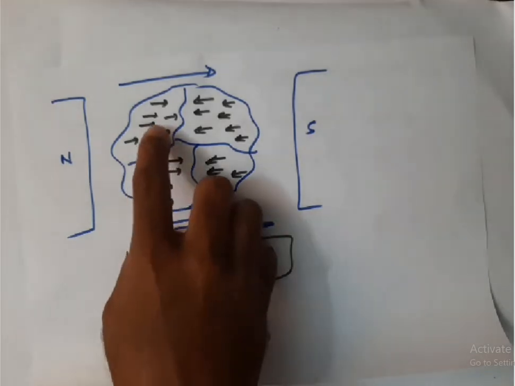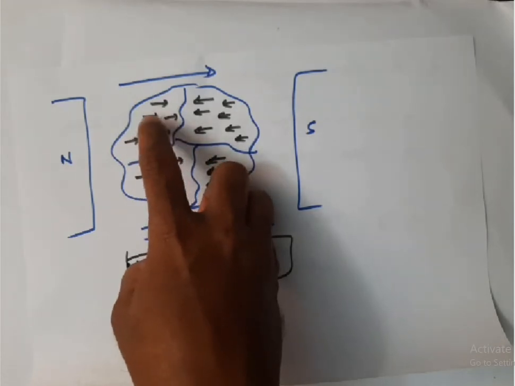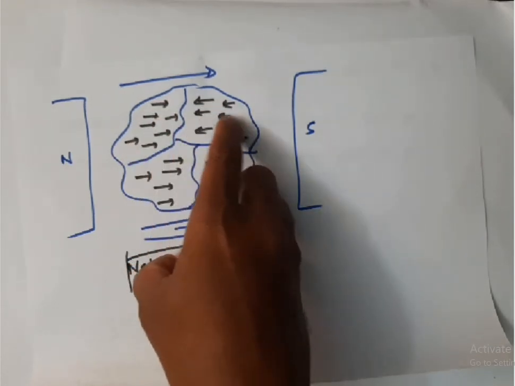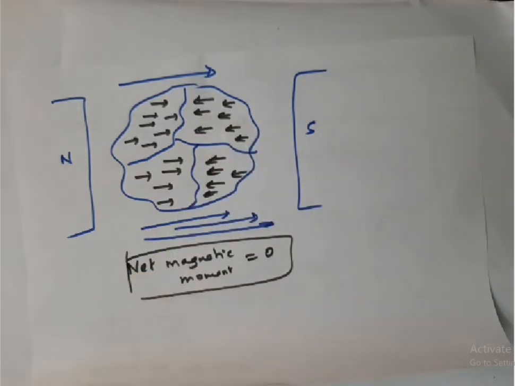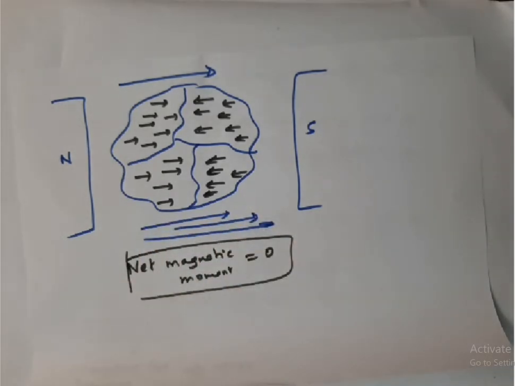Why? Because the magnetic moments present in one domain and in the other domain oppose each other with the same number. Therefore, they cancel. This is the property of what is called anti-ferromagnetic substances.